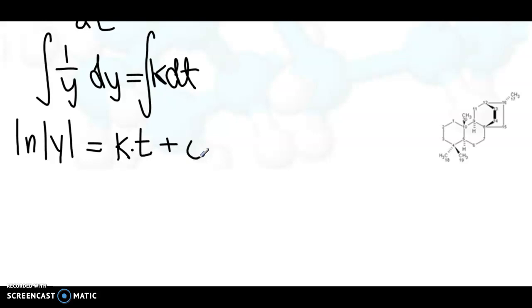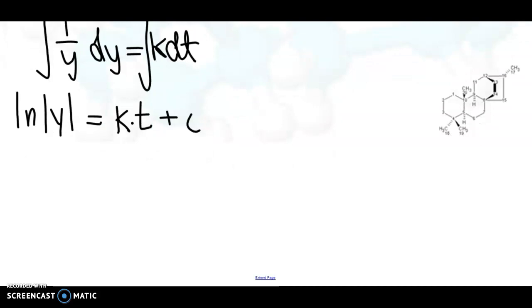At this point, we want to be able to condense this such that y is by itself. So there's two ways of doing that. I'm going to show what I think is maybe the harder way to understand, but it looks cleaner. So what we're going to do is take the natural log of the absolute value of y and keep that as is.